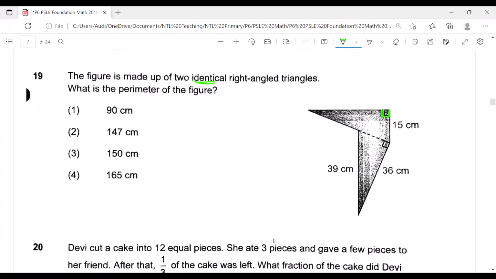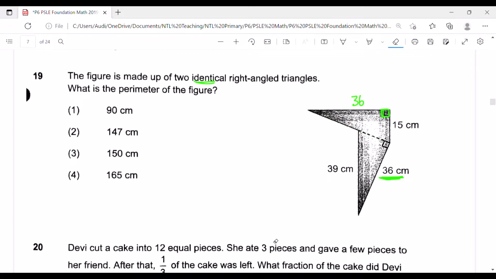Okay. So the right angle is here, which means that this 36 is actually over here, 36. And this part here, all the way here, this is also 36. Oh, sorry, not 36, 39.